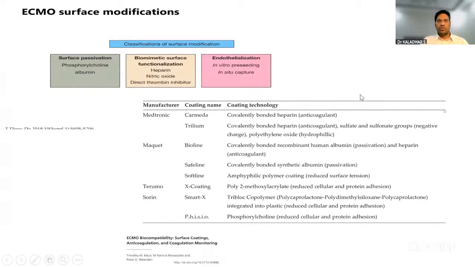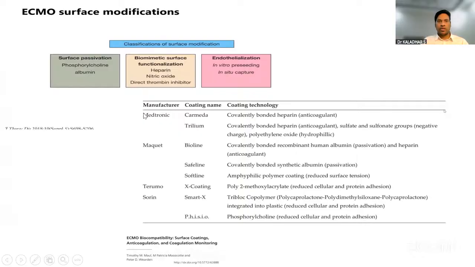And of course, the main research area in ECMO is surface modification of these different circuits. There are different classifications of surface modification: surface passivation, biomimetic surface functionalization, endothelialization. These are all different methodologies they are trying.